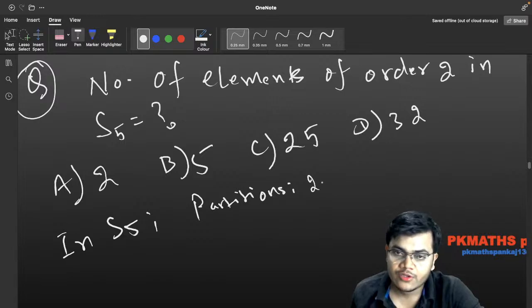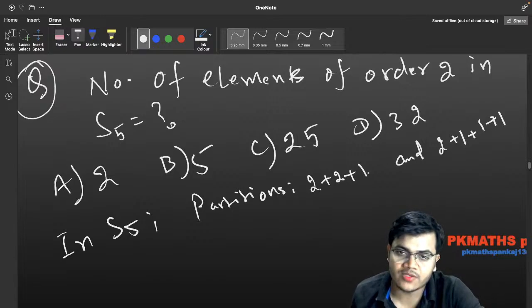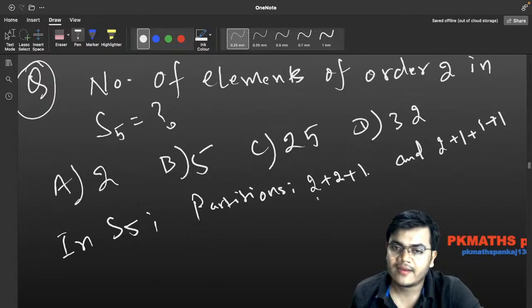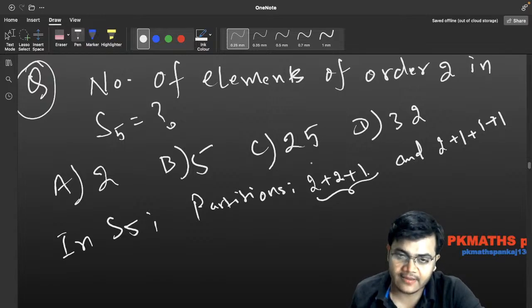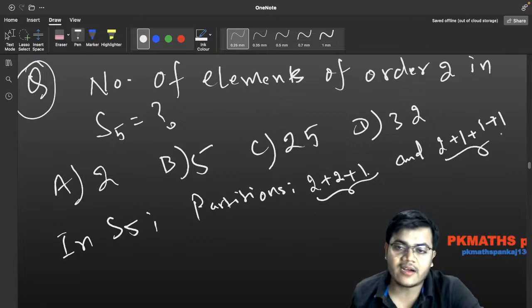Certainly the 2 plus 2 plus 1 partition, and another, 2 plus 1 plus 1 plus 1. So here you can see 2 plus 2 plus 1 makes 5, and another partition of 5 is 2 plus 1 plus 1 plus 1.